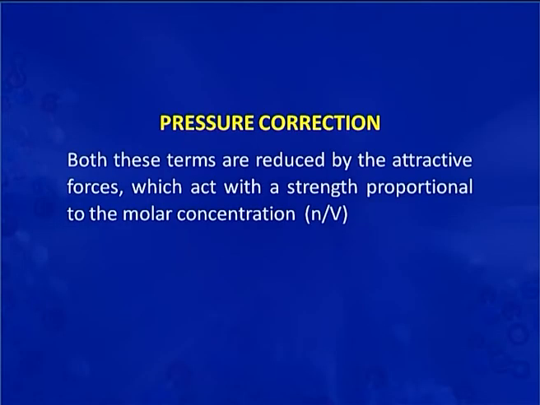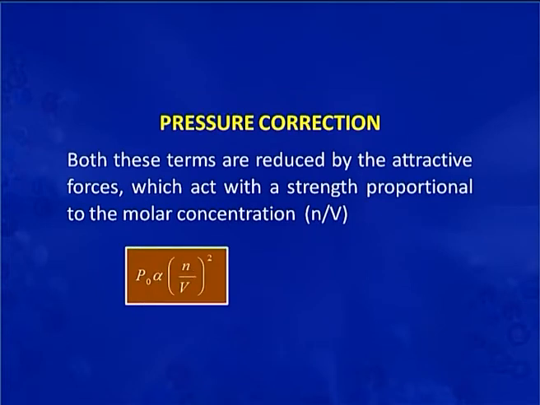Now, both these terms are reduced by the attractive forces, which act with a strength proportional to the molar concentration, that is n by V. So, now we can write it mathematically as P naught is directly proportional to n by V into n by V. So, P naught is proportional to n square by V square.